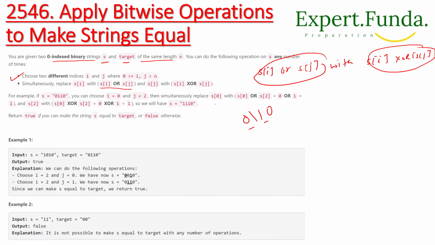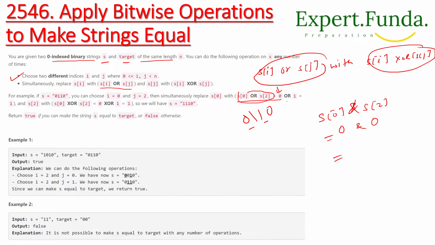To replace s[0], we have to do OR between s[0] and s[2]. Here s[0] is 0 and s[2] is 0, so s[0] OR s[2] will come out as 0.